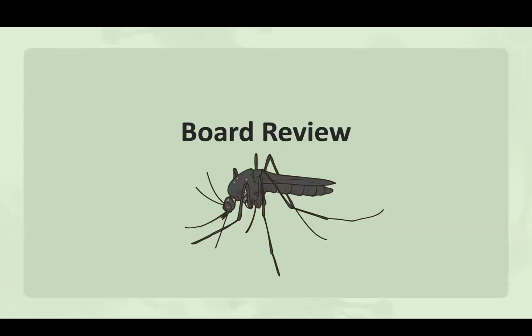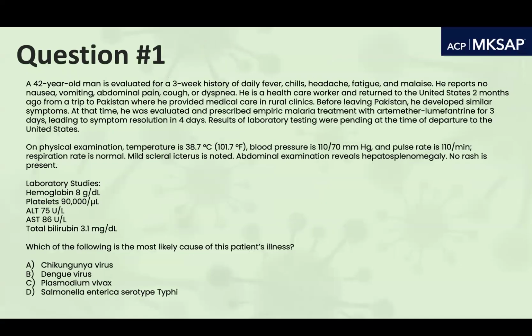And to test your knowledge, we have some board review questions. First question, we have a 42-year-old man who is evaluated for a 3-week history of daily fevers, chills, headaches, fatigue, and malaise. He reports no nausea, vomiting, abdominal pain, cough, or dyspnea. He is a healthcare worker and returned to the United States 2 months ago from a trip to Pakistan, where he provided medical care in rural clinics.